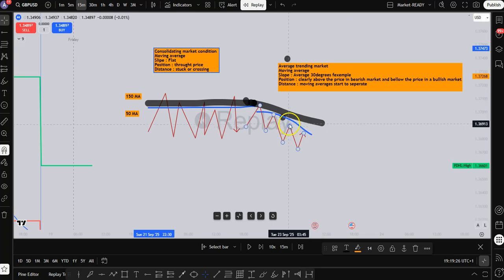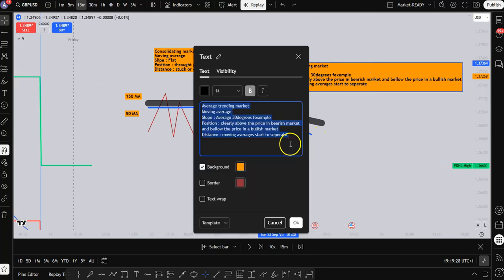And retracement, price retracing to the slowest moving average.